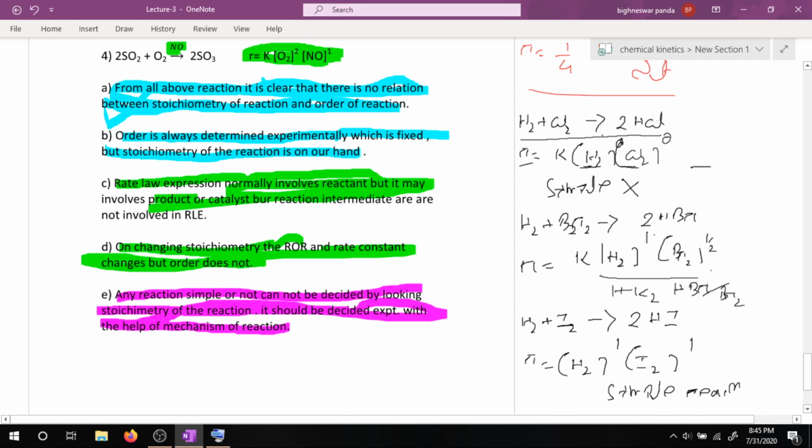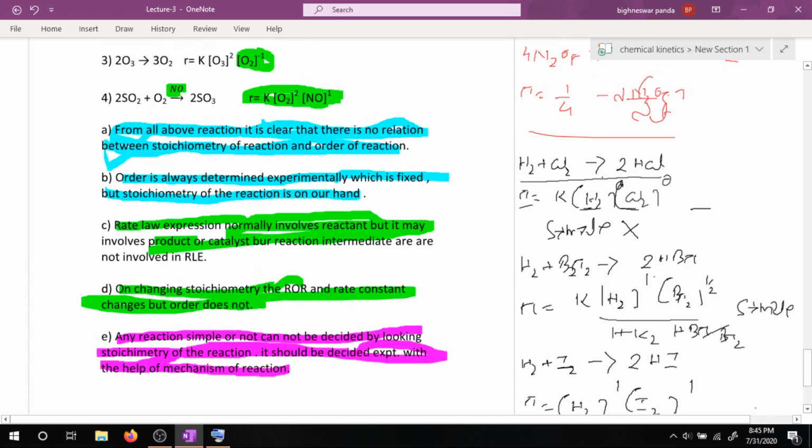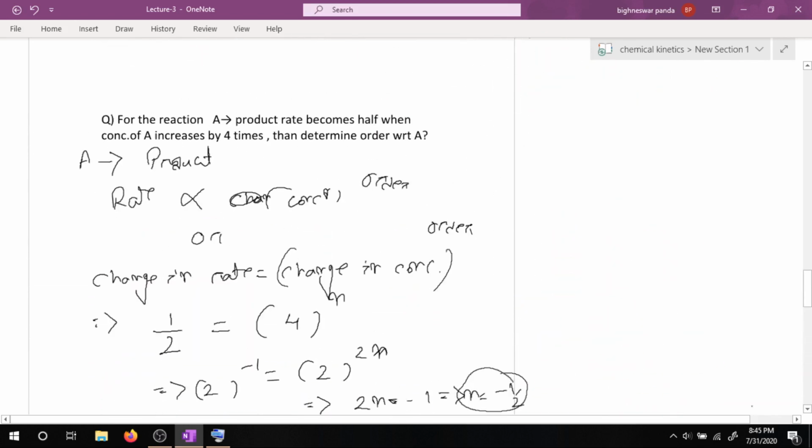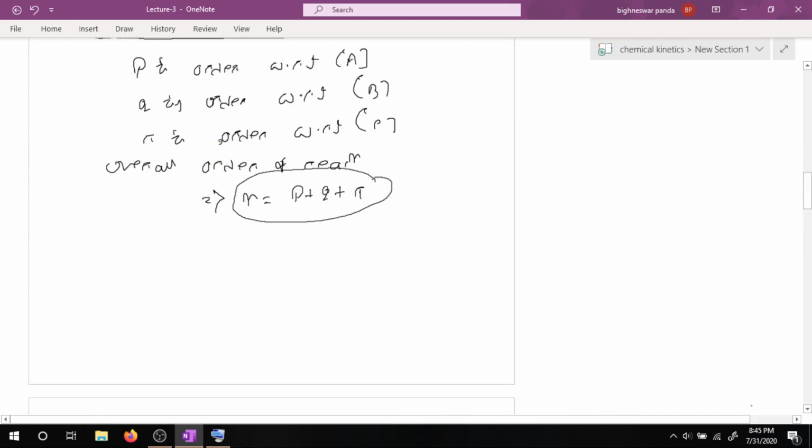So this is not a simple reaction. So by simply seeing the reaction, we cannot decide whether the reaction is simple or complex. We have to do some experiment. So this is all about the important features of order of reaction. Hope you get clear. Thank you.